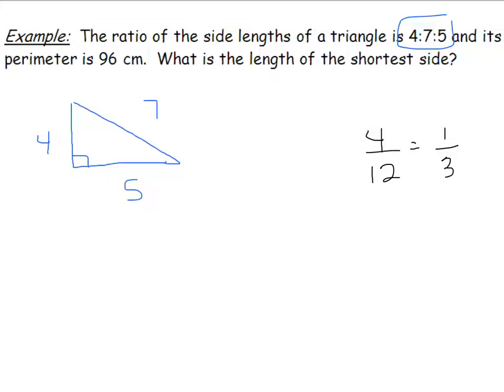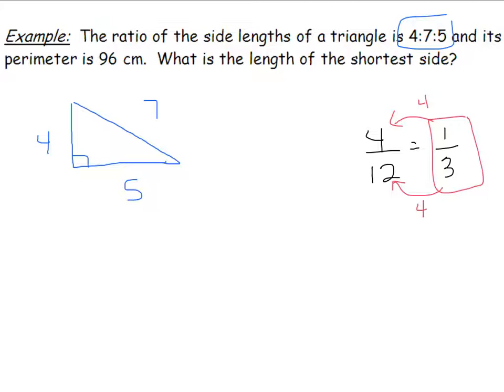In order to go back, using this as an example, you would have to multiply this ratio by 4 on the top and on the bottom. We're going to use the same idea in this problem. I have to multiply these values by the same number to go back to my originals. Now I don't know what that number is.